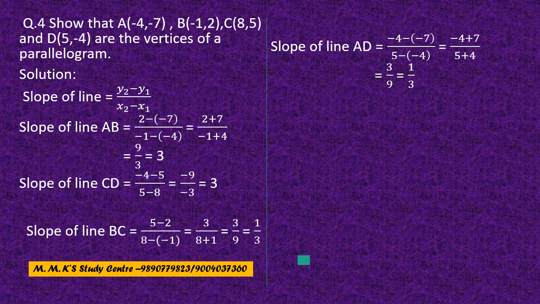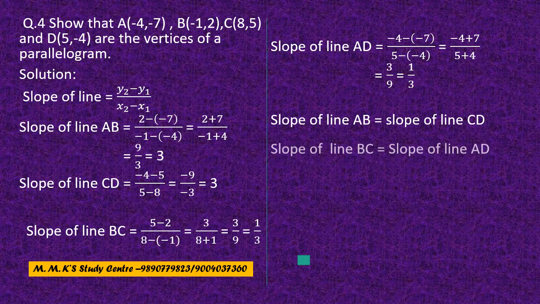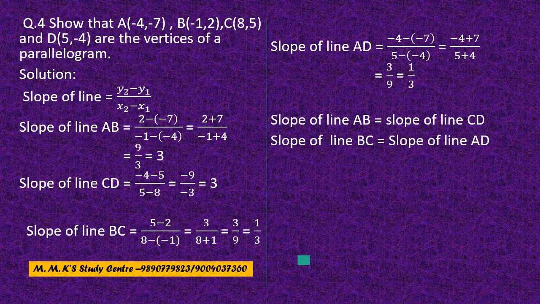If you observe carefully, here we are getting the slope of line AB and CD the same, whereas BC and AD are the same. So we can write slope of line AB is equal to slope of line CD and slope of line BC is equal to slope of line AD. As we know, if the slopes are equal, the lines are parallel.